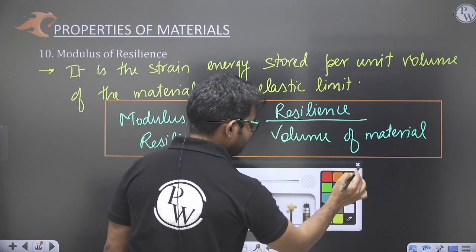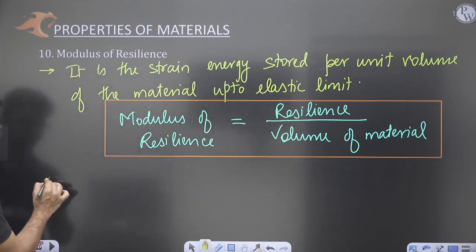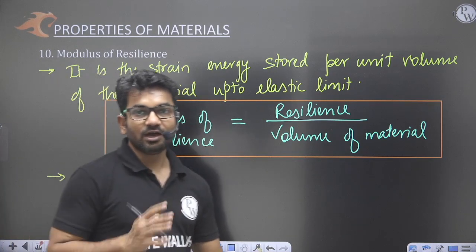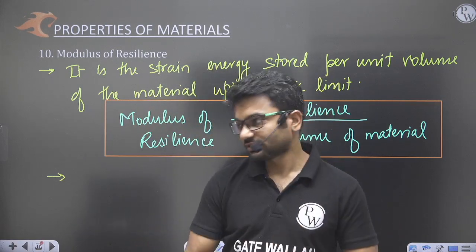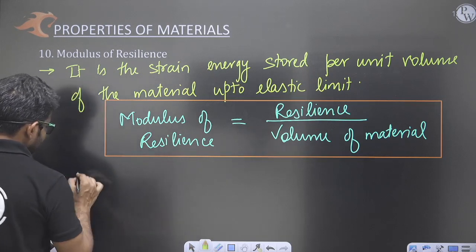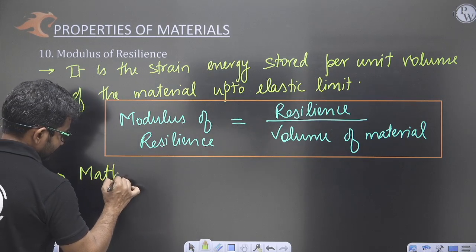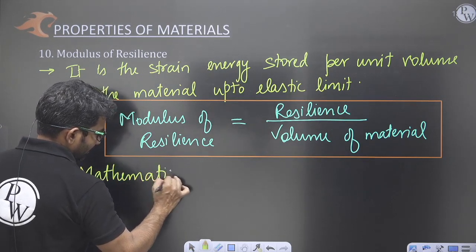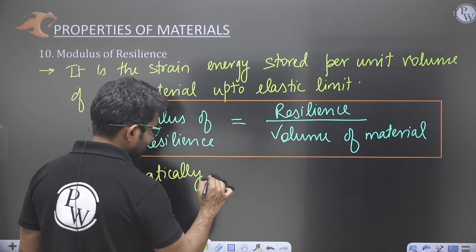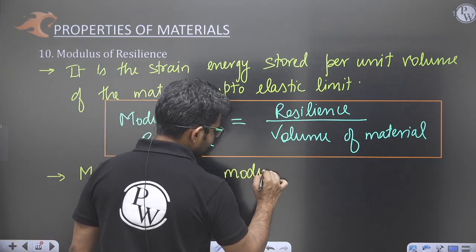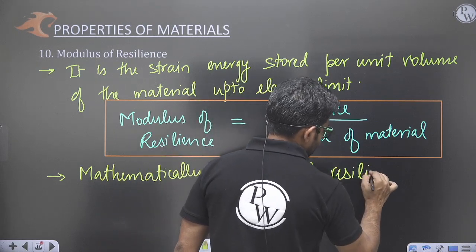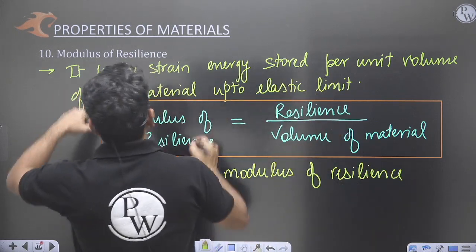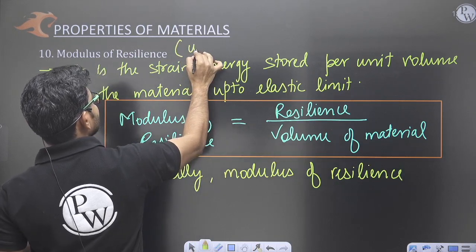Now mathematically, how can we represent resilience? Mathematically, it can be represented by the area under the stress strain curve up to the elastic limit. Here modulus of resilience will be represented by small u r.